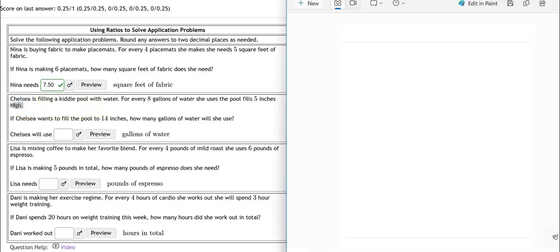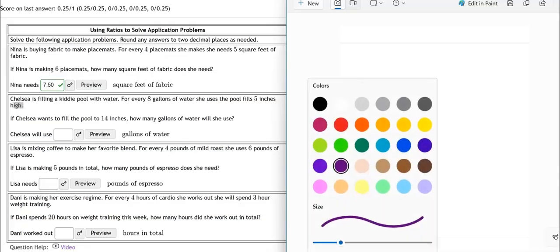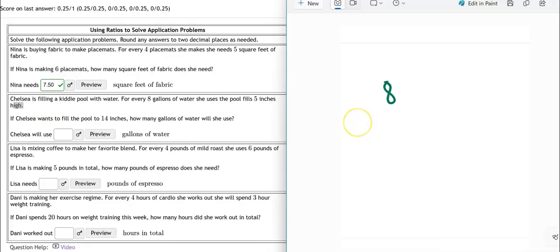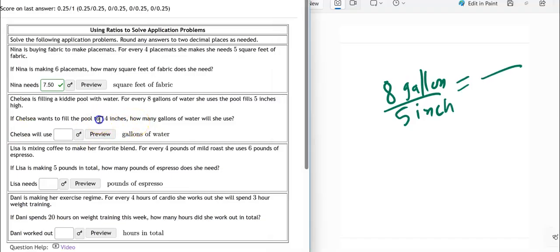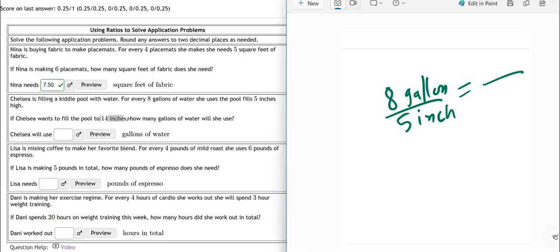So for 8 gallons, the water fills 5 inches. The question asks, if Chelsea wants to fill the pool to 14 inches, so 14 here is inches, and you put the 14 in the denominator to match the inches unit.